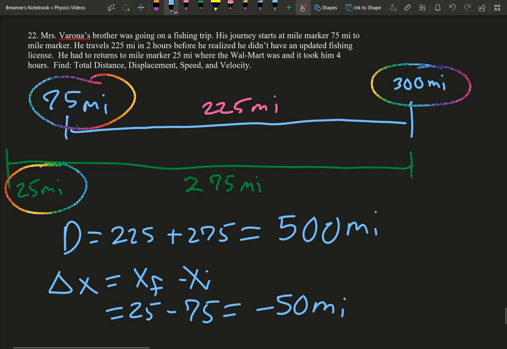That negative is just telling you he had to go backwards. Even though he went all this way in the forwards direction, because he had to go back to Walmart, his displacement is actually in the negative direction.